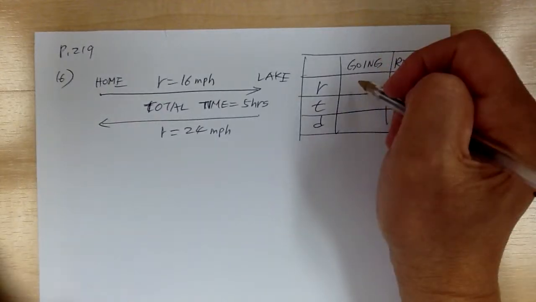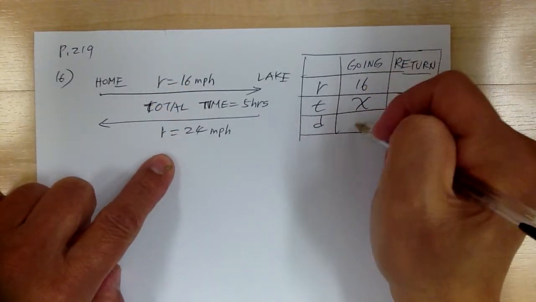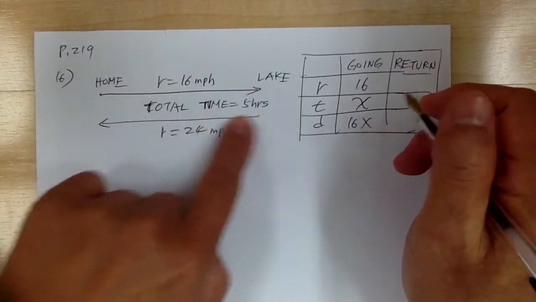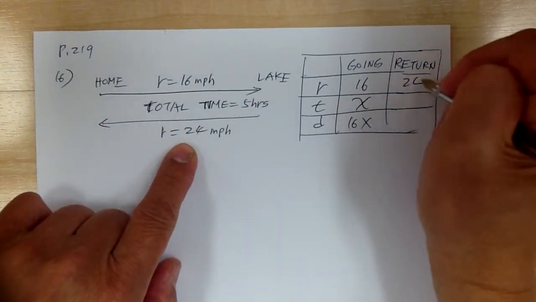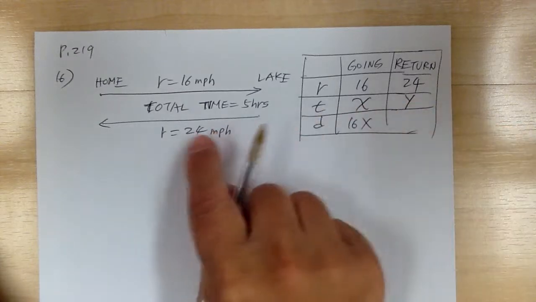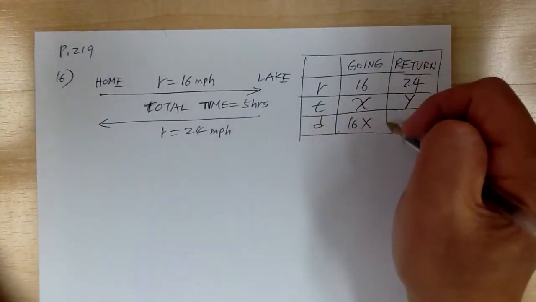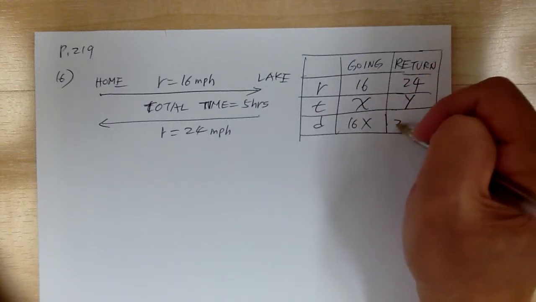When it's going, the speed is 16, the time you don't know, so the distance will be 16x. Return, coming back, the speed is 24, the time you don't know, so you have to use y. Don't use x because it does not say that they are the same time. Different amounts of time, different variables.